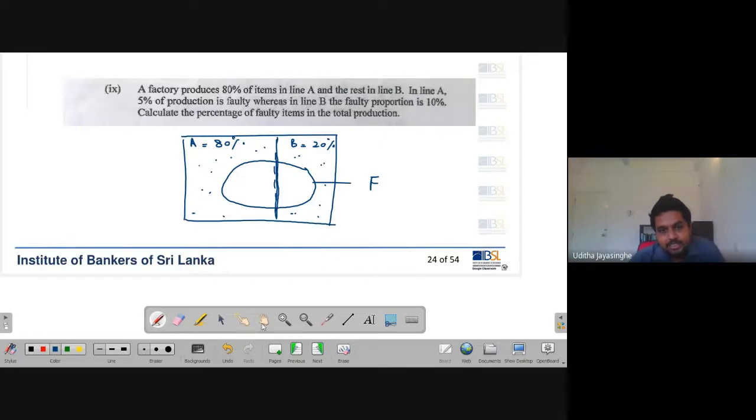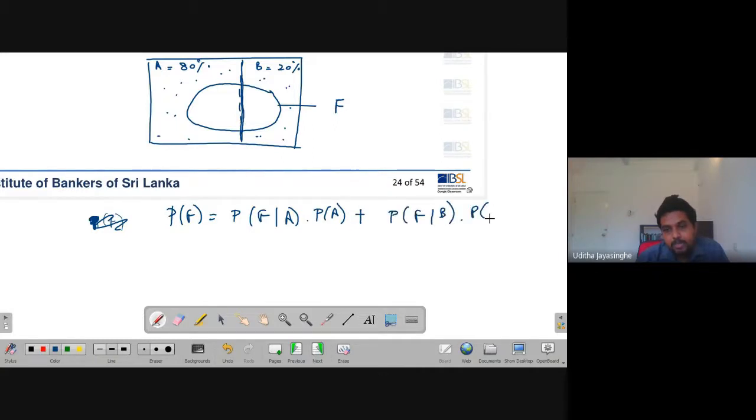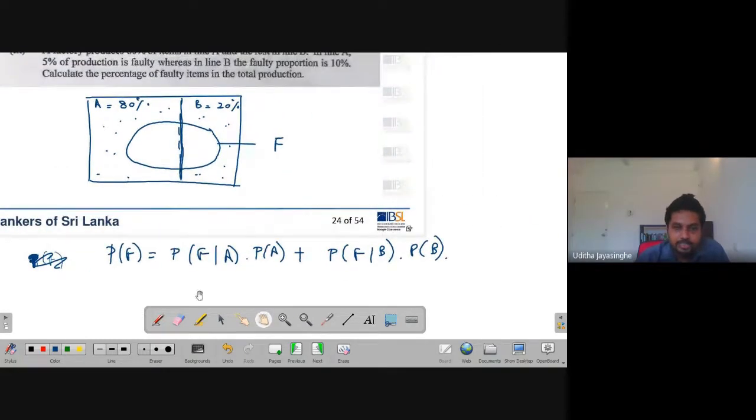Using a bit more mathematics, probability of faulty items is going to come from probability of faulty given A, times probability of A, plus probability of faulty given B, times probability of B. What have I done here?